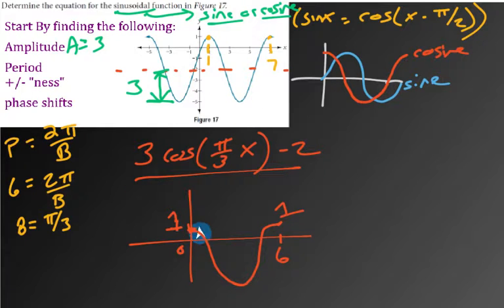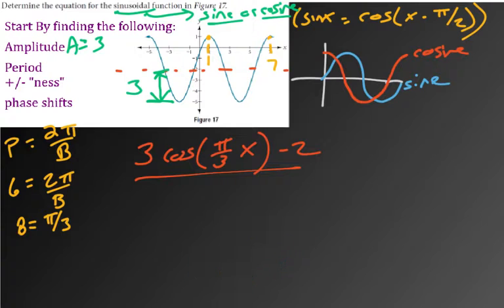I want this point to move over 1 to here, this point to move over 1 to 7, that kind of thing. So what I just need to do is shift it right 1, and we, of course, do that with a -1 for the right shift. So we put a -1 in there, and that's it. So this is that wave function.